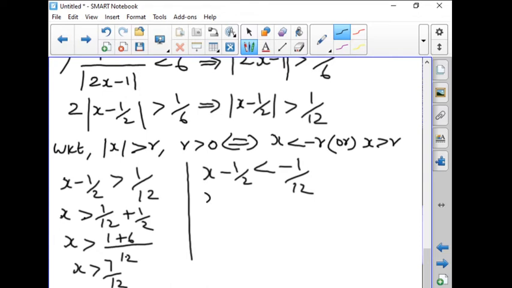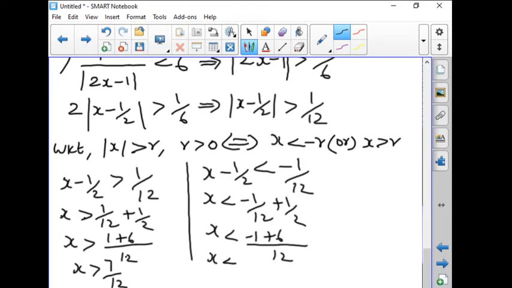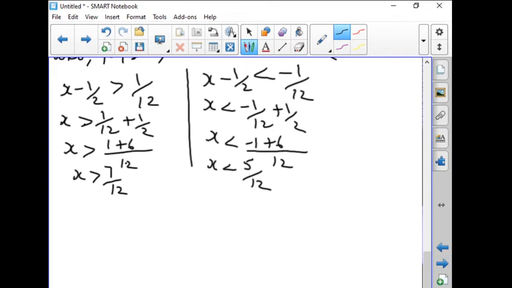And what about here? x is less than minus 1 by 12 plus 1 by 2. So, x is less than, LCM is 12, therefore minus 1 plus 6. So, x is less than 5 by 12. Therefore, we have x greater than 7 by 12 and x less than 5 by 12.